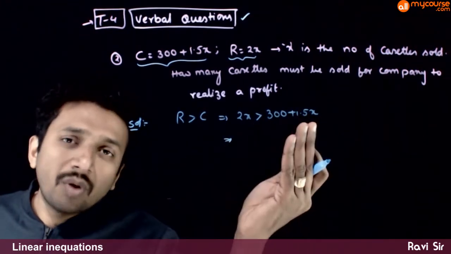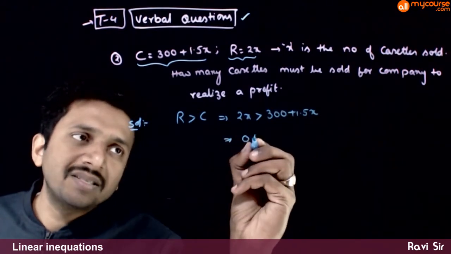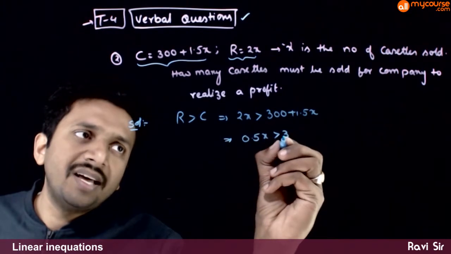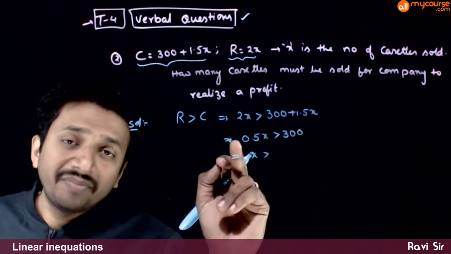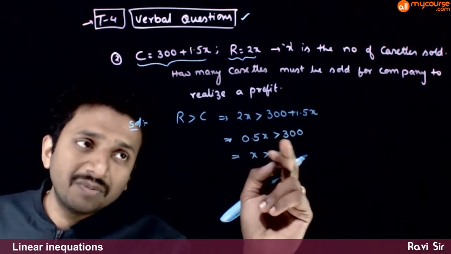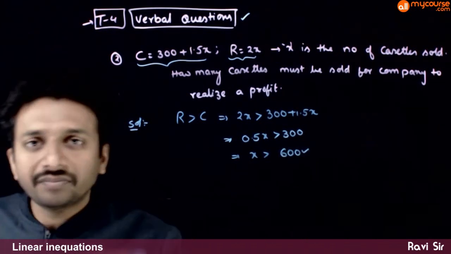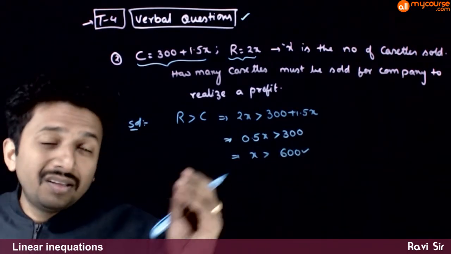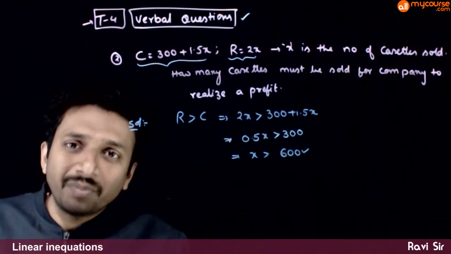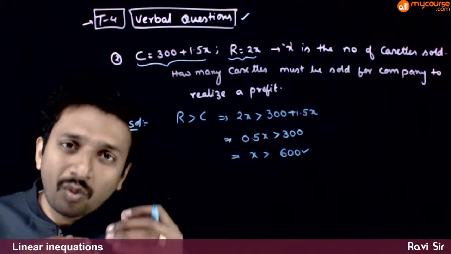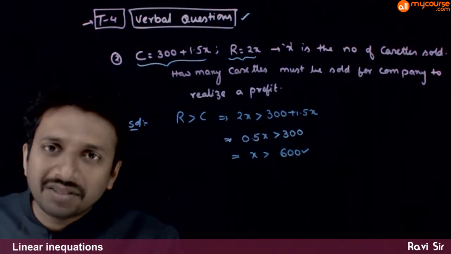This implies 1.5x goes onto this side: 2x minus 1.5x is 0.5x, which is greater than 300. This implies x is greater than 300 divided by 0.5, which is 600. That means the company has to sell at least 600 cassettes to start realizing profit. And after that, whatever the number of cassettes sold, the profit will increase.